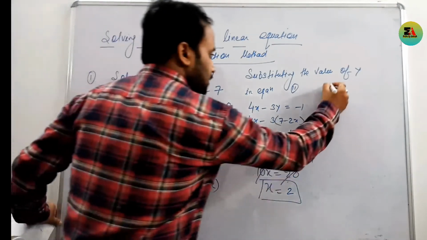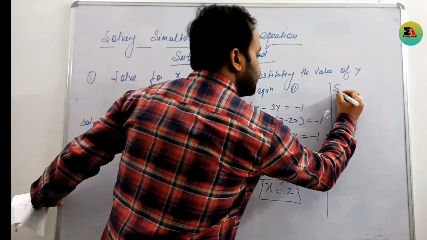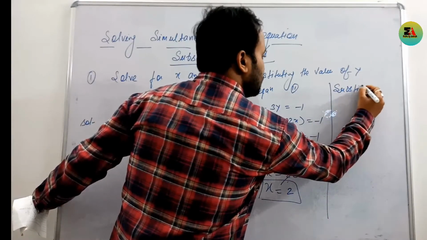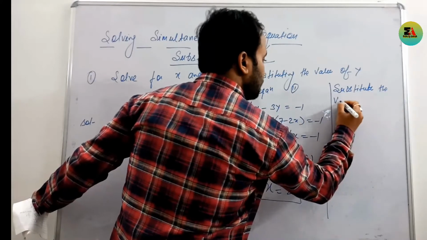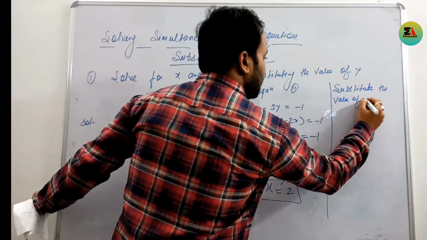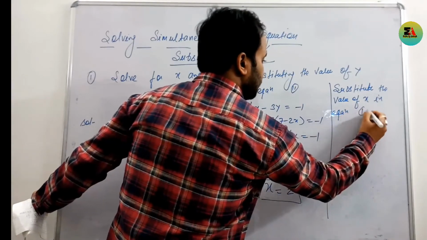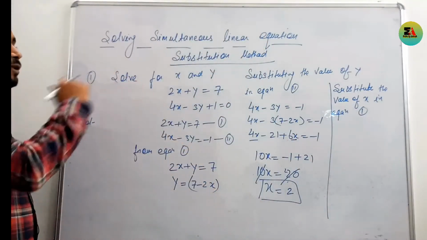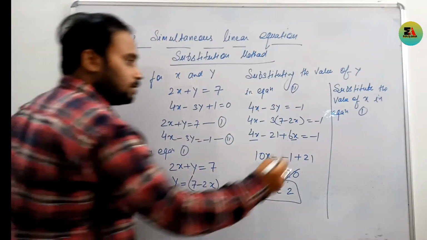Now next we have to substitute the value of x in equation 1. Our equation 1 is 2x plus y equals 7.